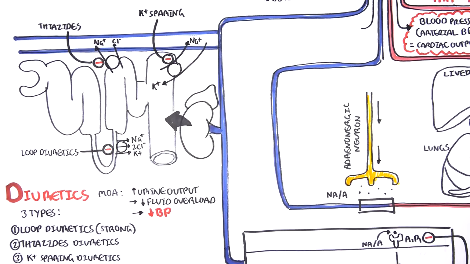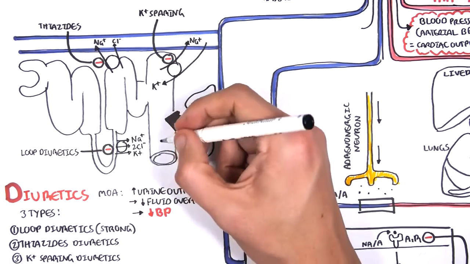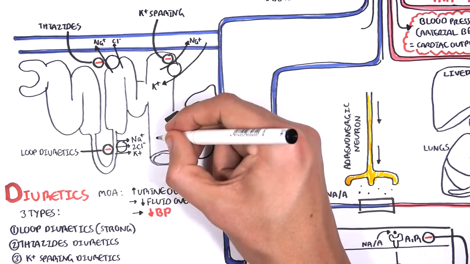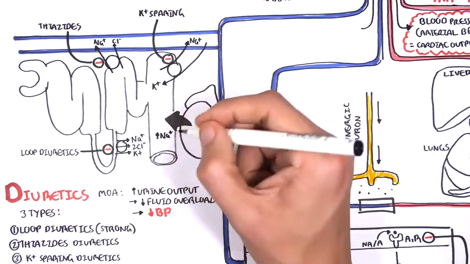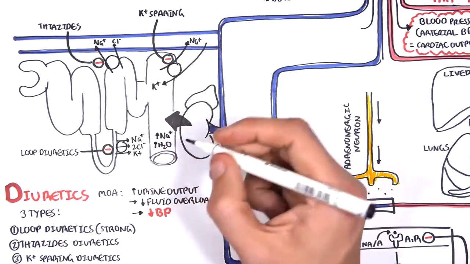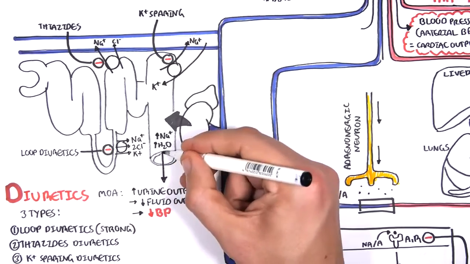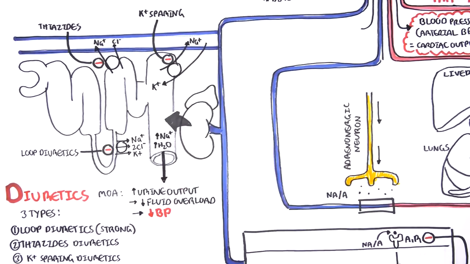But you also prevent the secretion of potassium. And this is why it is called a potassium-sparing diuretic, because you're sparing potassium. And so all these diuretics essentially inhibit sodium from going into the blood. And so you have more sodium being peed out, which means that you have more water being peed out, which means that you will decrease blood pressure.